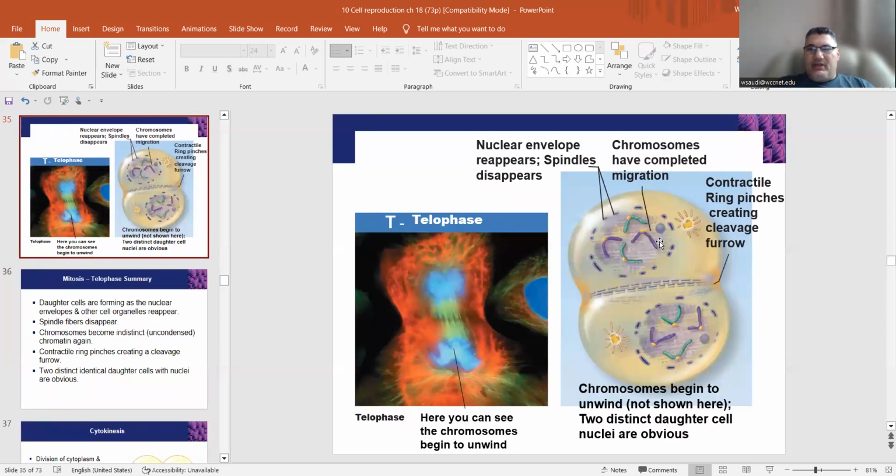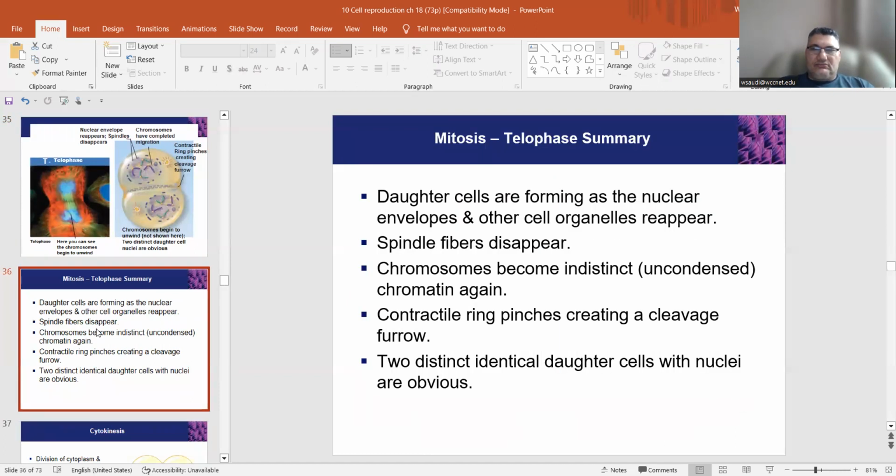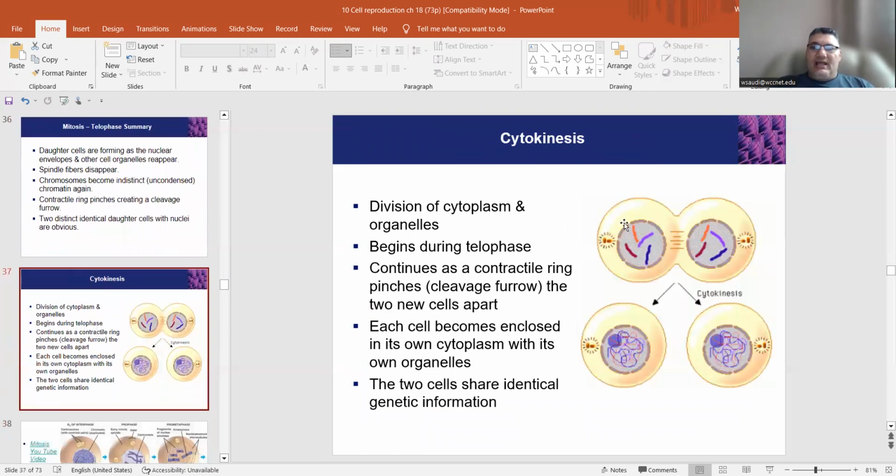One more thing that I didn't mention: the chromosomes that were condensed become uncondensed now, become chromatin. Last one, look at this cleavage furrow right here. It's going to go deeper, deeper, deeper, until you actually have two cells that move away from each other.